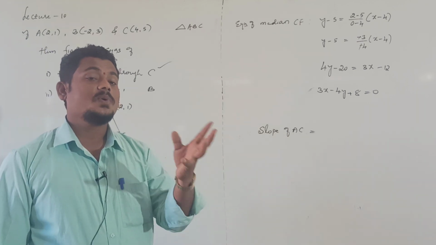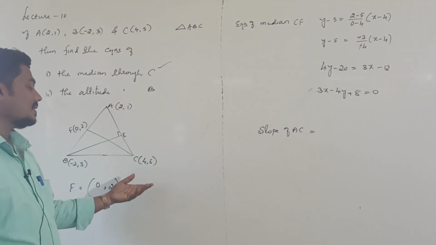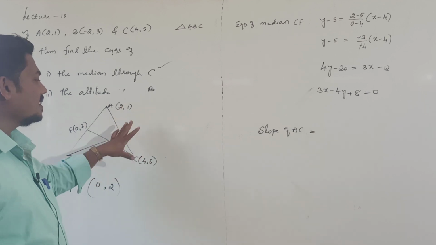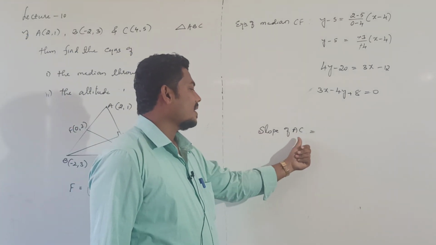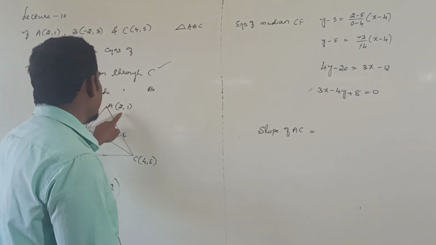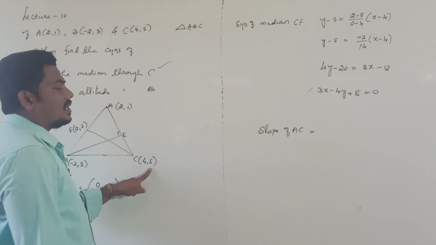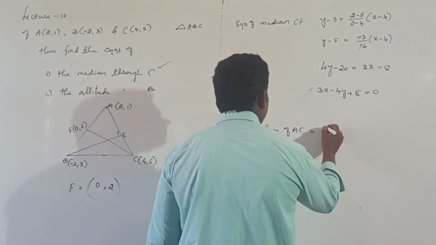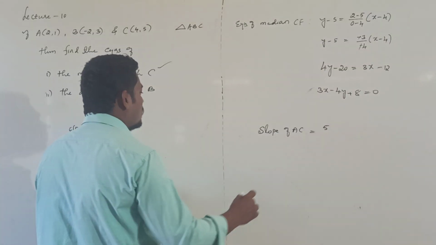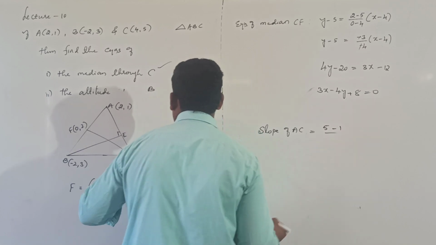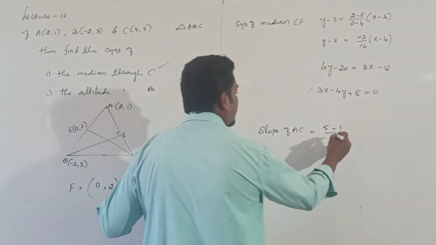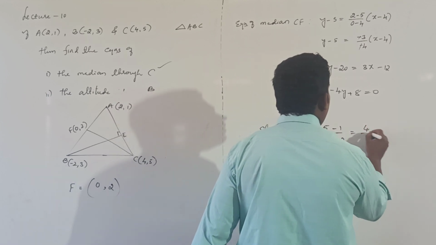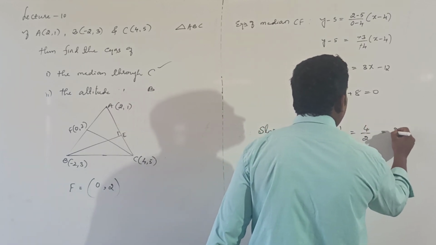If you take CA, then x1, y1 are C coordinates and x2, y2 are A coordinates. In this case, we taken AC, so A coordinates x1, y1, C coordinates x2, y2. y2 minus y1 here, 5 minus 1 divided by 4 minus 2, right? 4 minus 2, that's equal to 4 divided by 2, that's equal to 2.